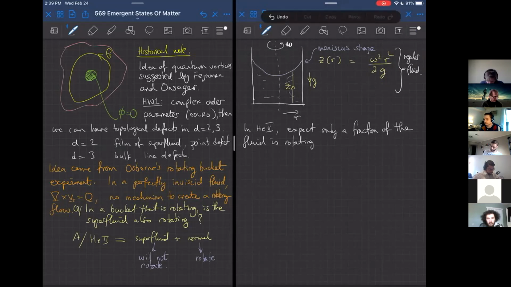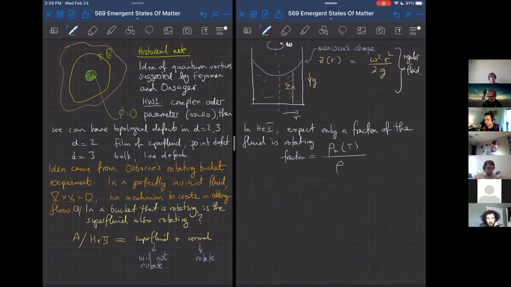And what fraction would that be? Well, that fraction is going to be the fraction, which is the normal component, rho n, over the total density of the fluid. So this fraction would be this.